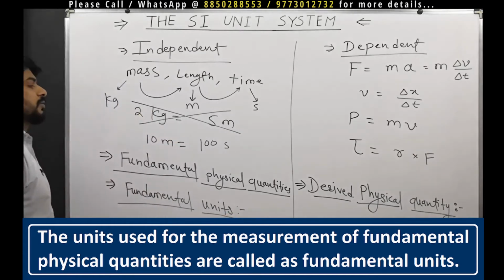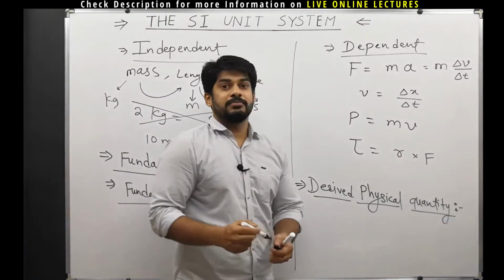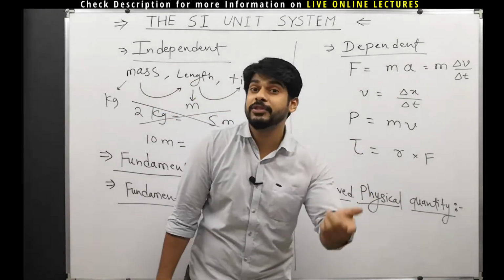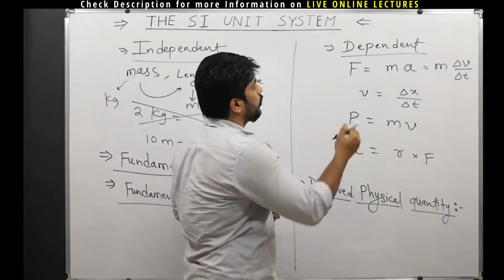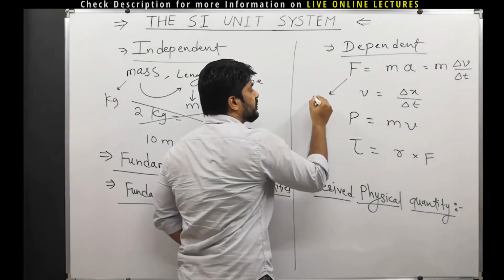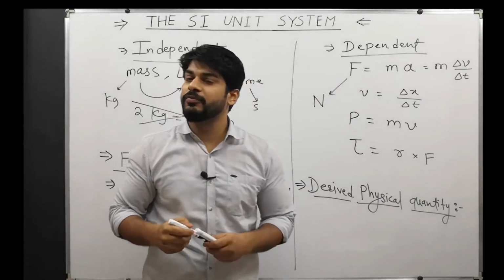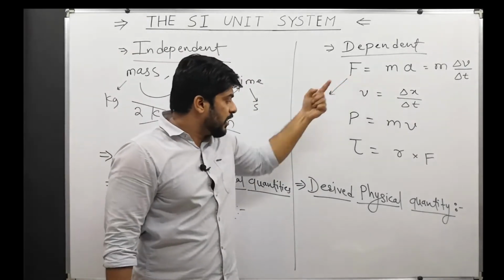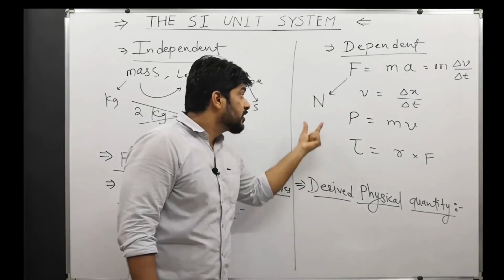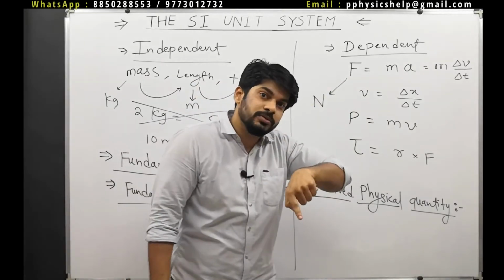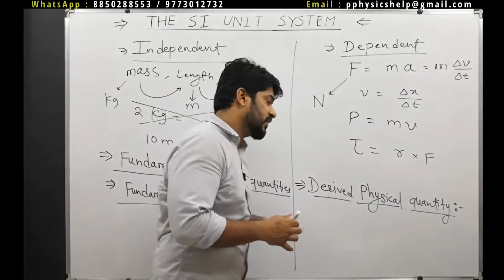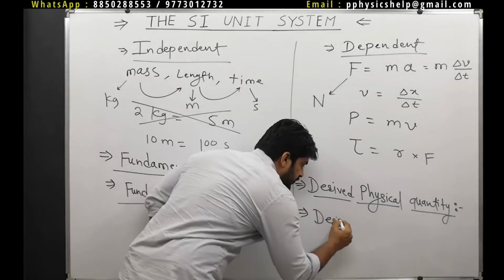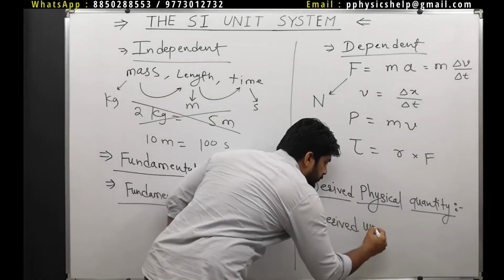Then, in the case of derived physical quantities, they will also have some units, isn't it? Like if I talk about force, the unit of force is Newton. Since these quantities are derived physical quantities, these units are also derived units. So we have another concept called derived units.